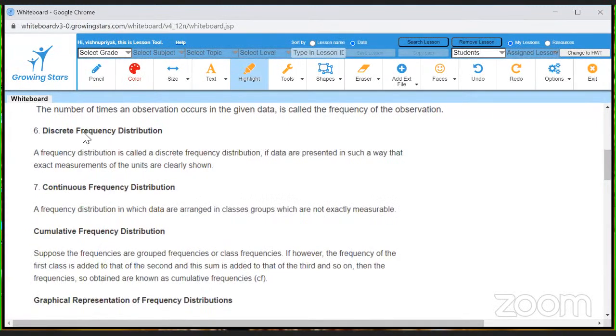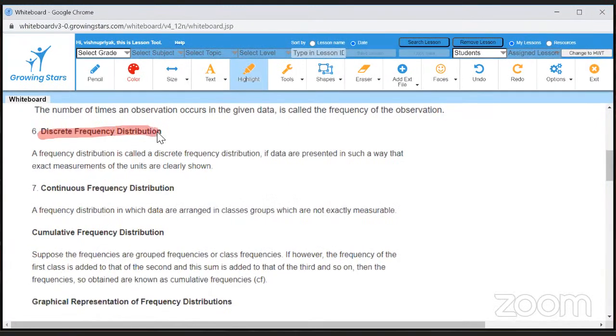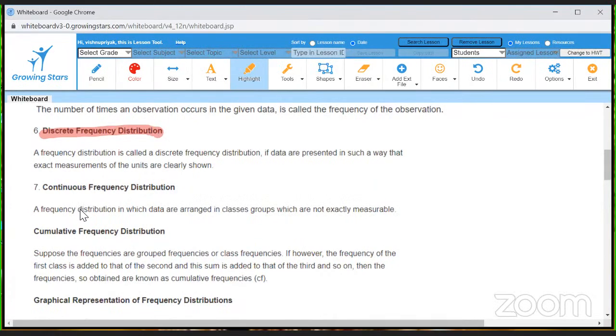What is discrete frequency distribution? If you list the observation in such a way that exact measurements of the units are clearly shown, that is discrete frequency distribution.